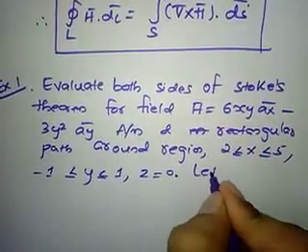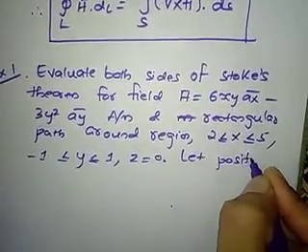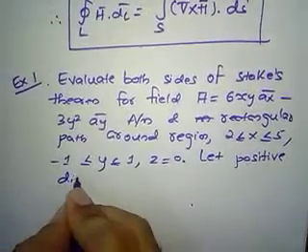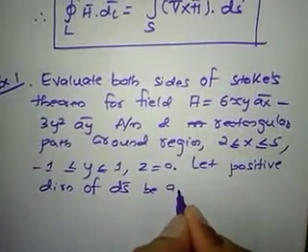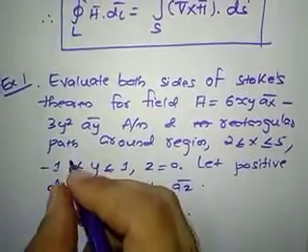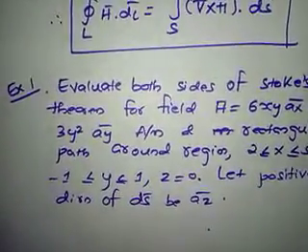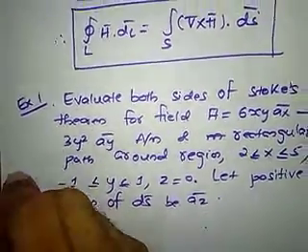Let the positive direction of ds bar be a z bar. It's an examination problem. It has been repeated twice in the examination.